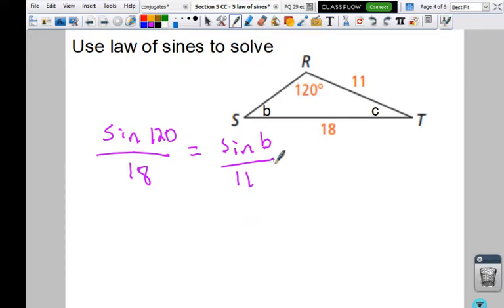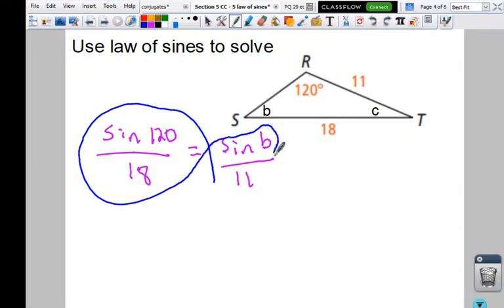Alright, so on this one, it is a little different. I can still use fish method, but after I go through and solve this, I have the sine of b here. After I use my fish method, I'm going to have to do an inverse sine to get rid of this sine. So sine of b is going to equal 11 times sine of 120 divided by 18.